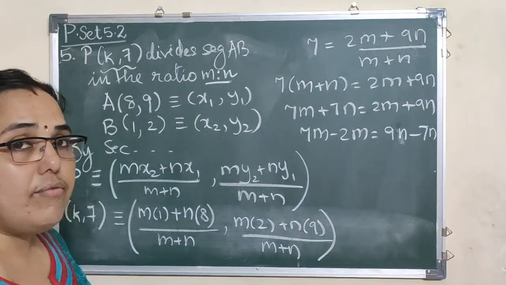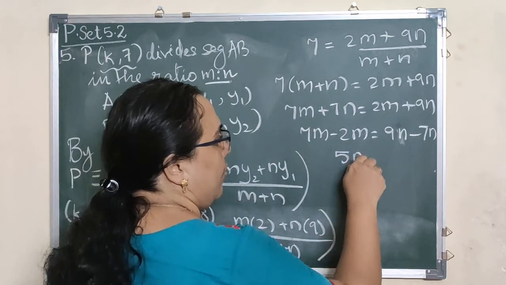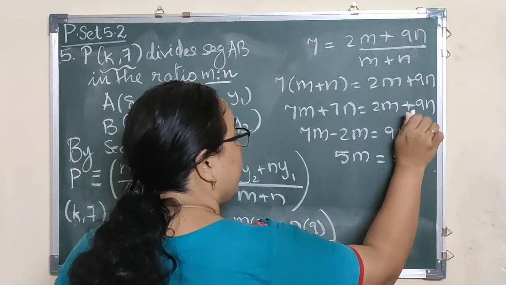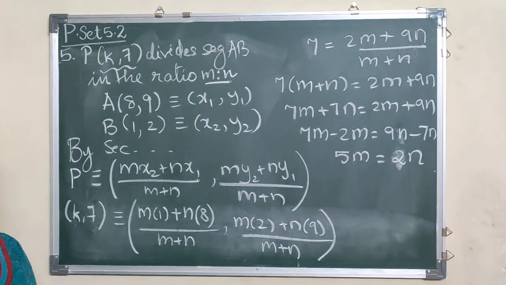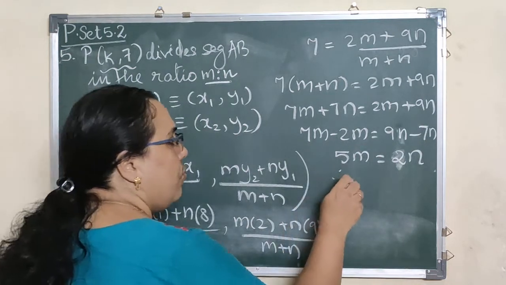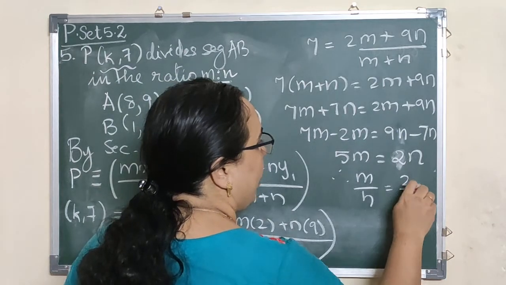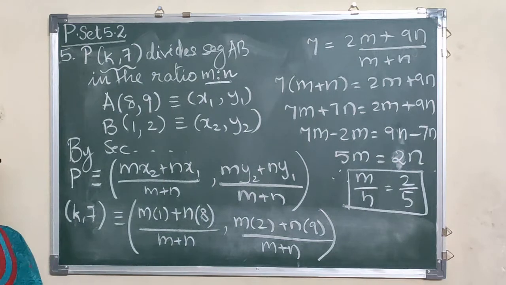So 5m equals 2n, since 9 minus 7 is 2. Therefore m upon n is 2 upon 5. So you have got the value of m and n.